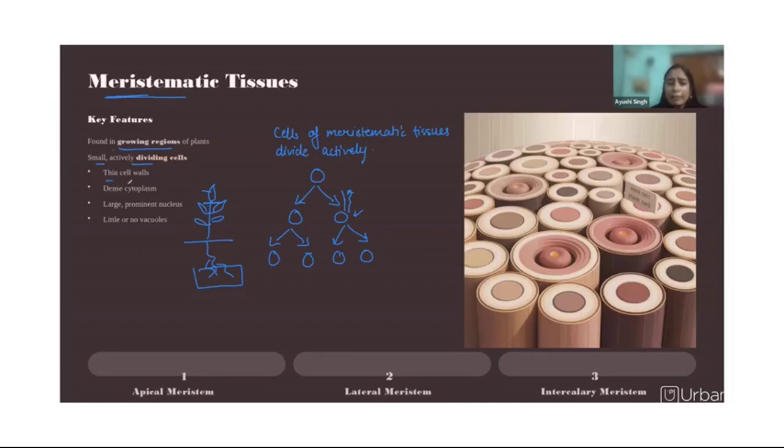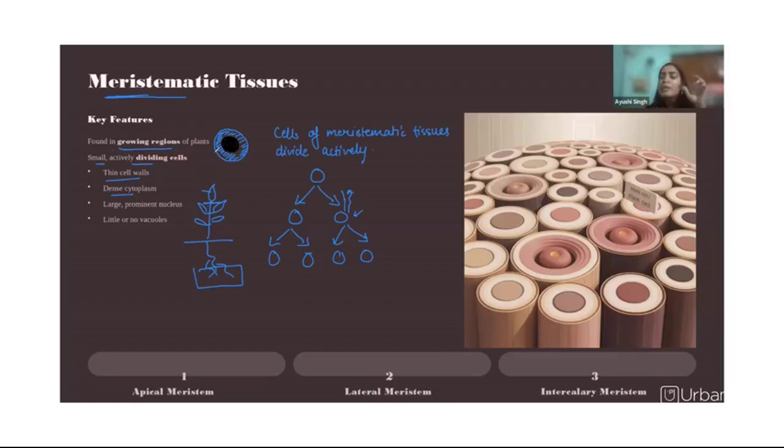The cells here have a thin cell wall. It has very dense cytoplasm. So you can imagine a very thin cell wall and cytoplasm that is very, very dense. And the nucleus here would be large. So let me just draw a large nucleus, and vacuoles would be fewer, because there is no need of food, because the cell will be dividing again and again.